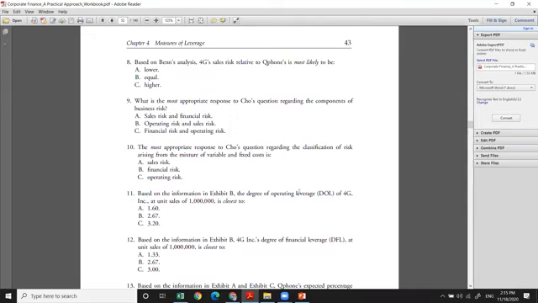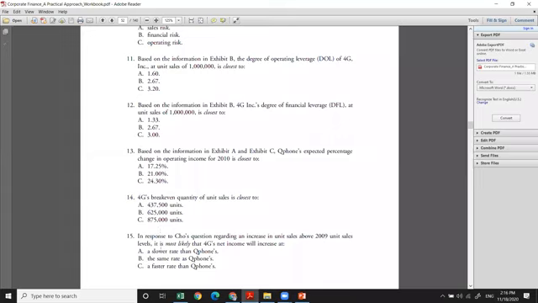And what you need to do is just substitute the numbers like 1.4 and 1.15, which will make your degree of total leverage equal to 1.62. And it shows that the 4G's net income will increase at a faster rate than Q phones due to the higher degree of total leverage.